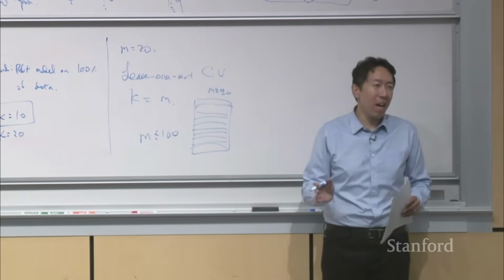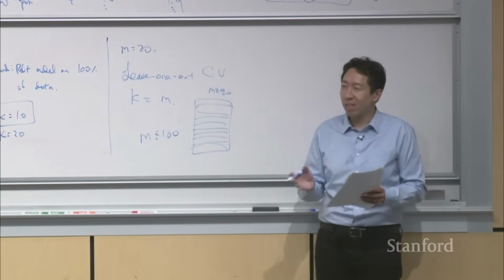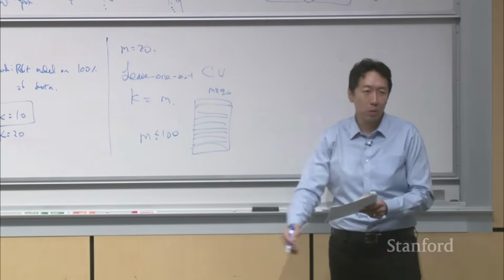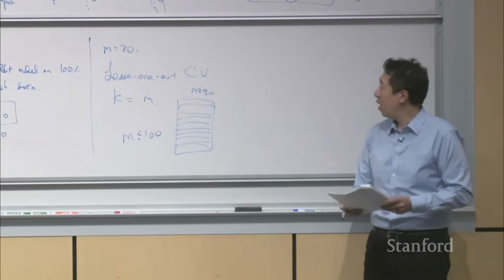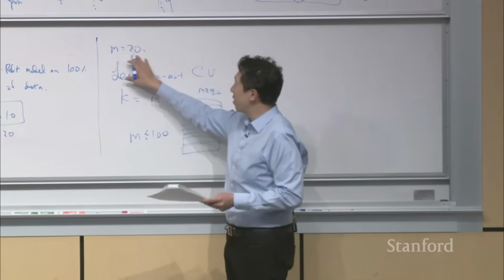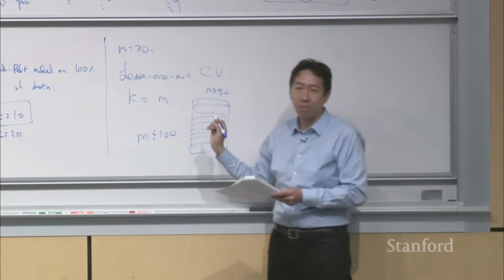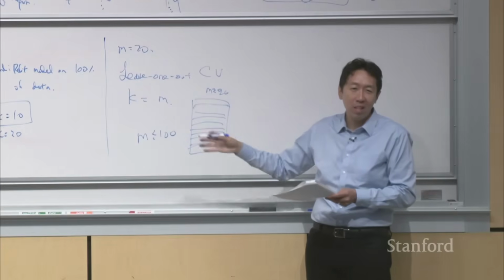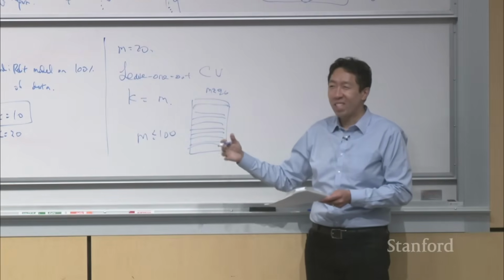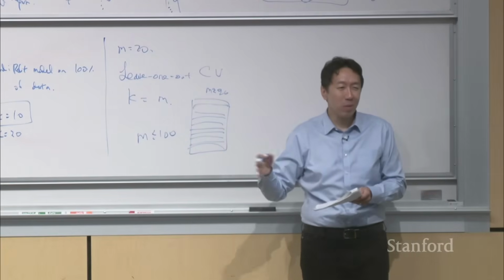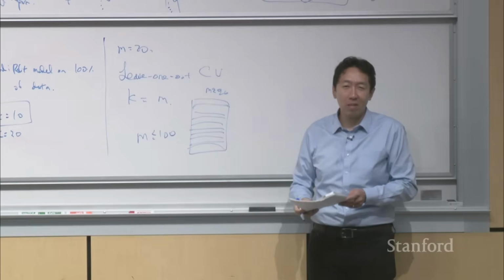But if m is 1,000, fitting a model 1,000 times just seems like a lot of work, and then you usually use k-fold cross-validation instead. But if you have 20 examples, I would probably use this procedure, and somewhere between 20 and 50 is maybe when I switch over from leave one out to k-fold cross-validation.